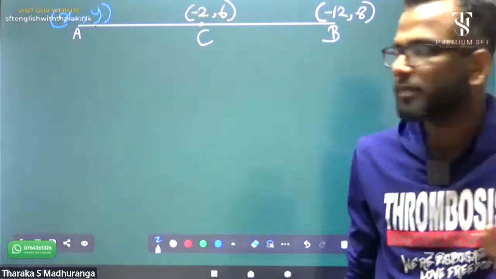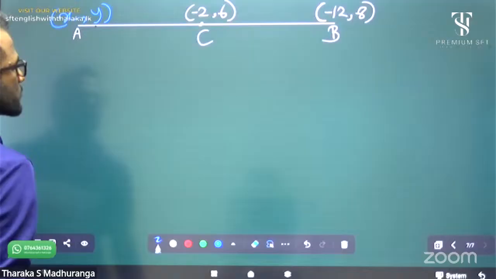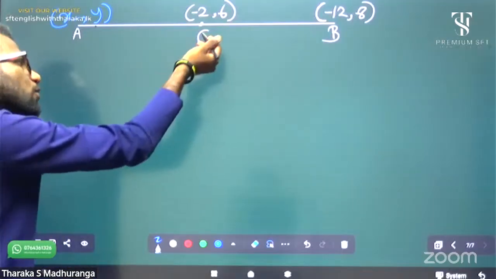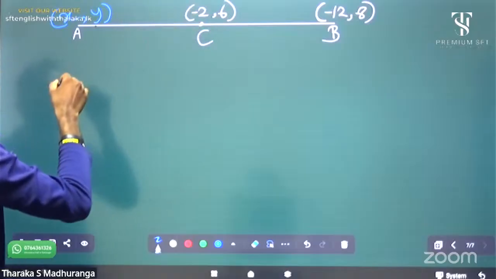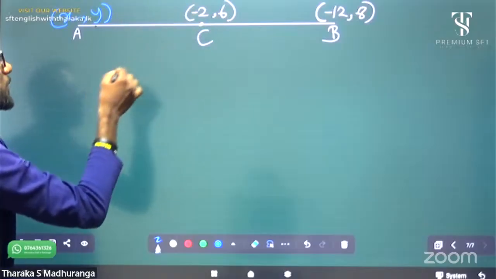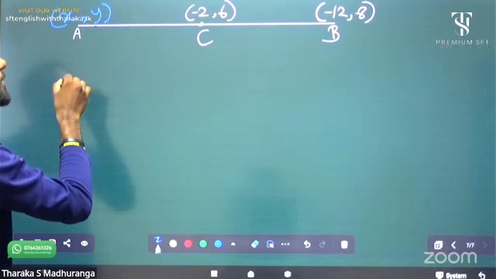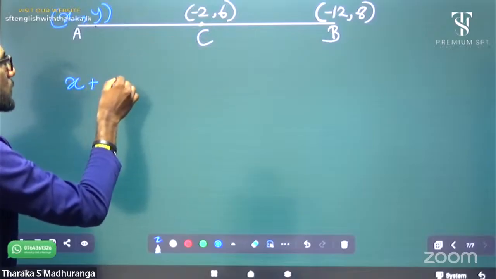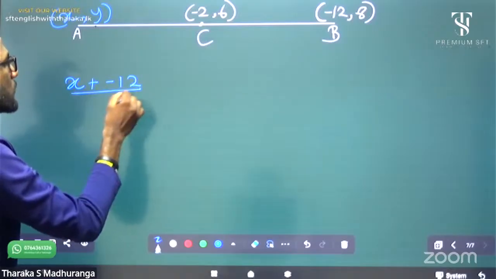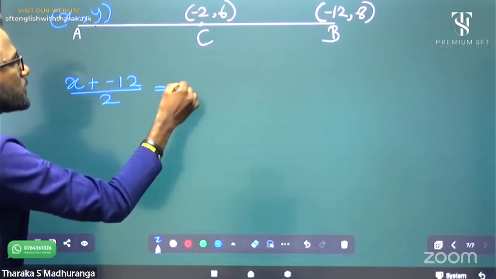No problem. The center point coordinates are already given. First you can calculate the x coordinate. What's the method? x1 plus x2. Now x plus minus 12 divided by 2, the answer is minus 2.